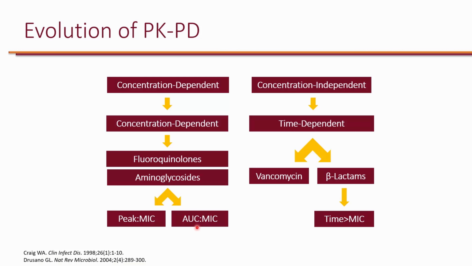But this AUC to MIC is also used for vancomycin. So generally speaking, peak to MIC ratio is used for concentration dependent, and time above MIC is used for time dependent. And then AUC to MIC, it just depends.